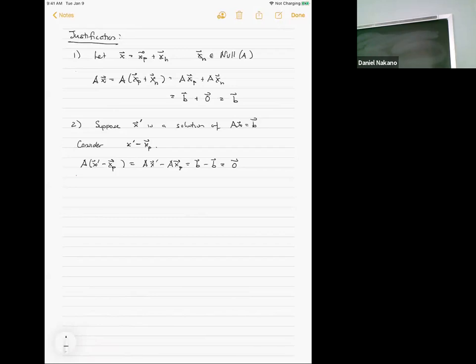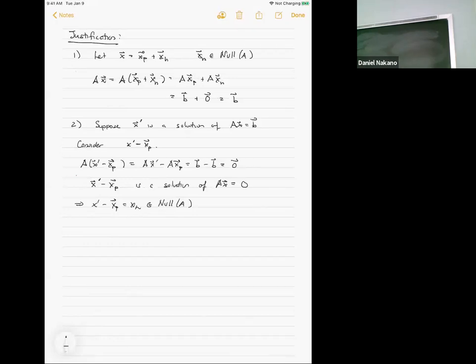So that means that X prime minus XP is a solution of AX equals 0. So that means that X prime minus XP is equal to XH, where XH is in the null space of A. Okay, it has to be a solution for the homogeneous system.